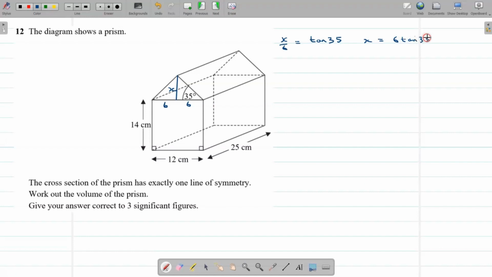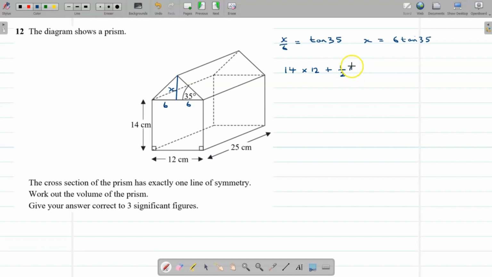I don't actually need to know what the value of that is. I can just use it in the calculation. Now, the volume of this prism is the cross-sectional area, that's the area of all of that, multiplied by the length 25. So this area is 14 times 12 for the rectangle, plus a half base times height for the triangle.